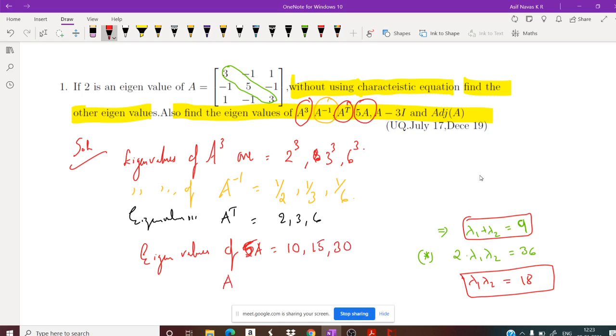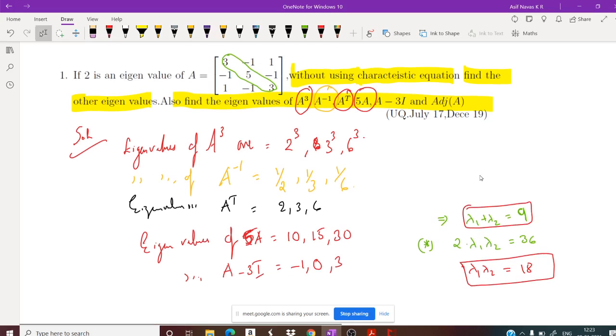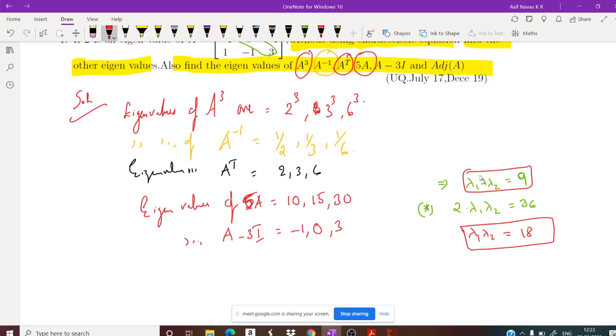Now what are the eigenvalues of A minus 3I? They are minus 1, 0, 3. Now tell me the eigenvalues of adjoint of A. The determinant we know is 36, right?